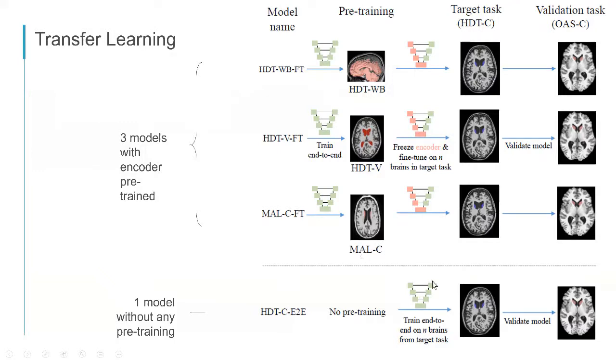The final model to compare against is a model that did not receive any pre-training, so we can ascertain the importance of pre-training by not doing any, and then training an entire model on a subset of the target problem, and then validating as well on OASIS.